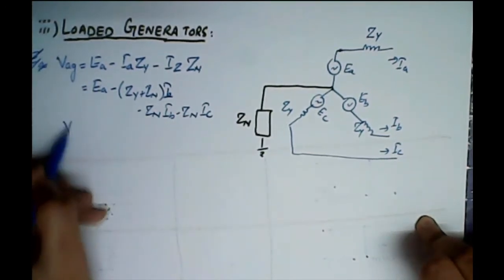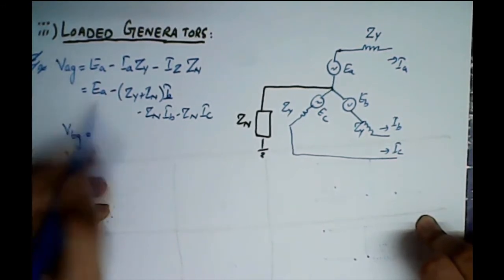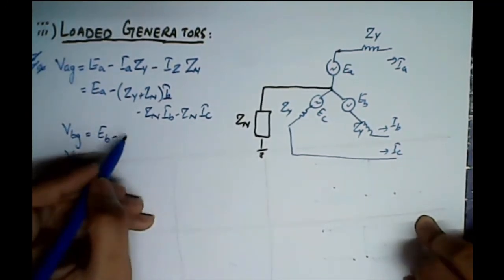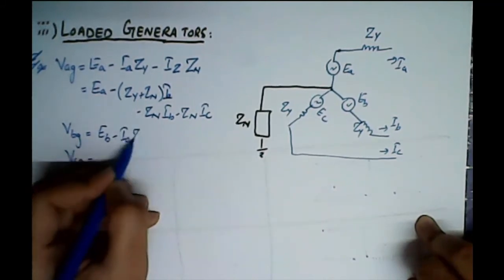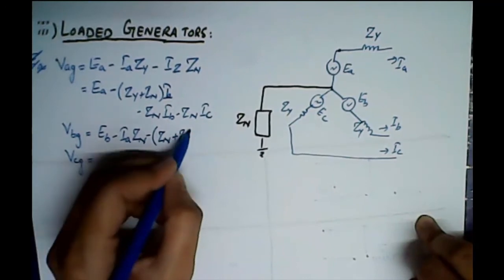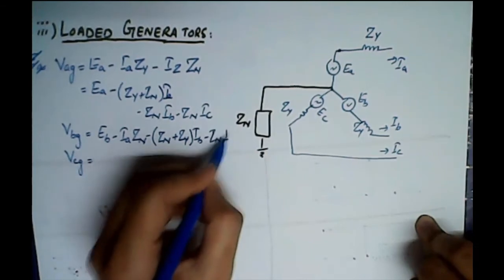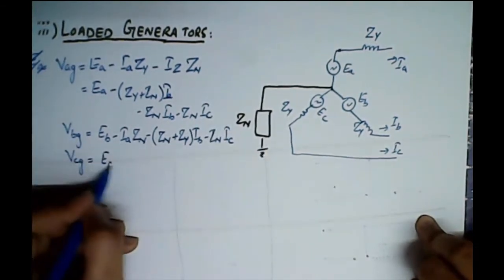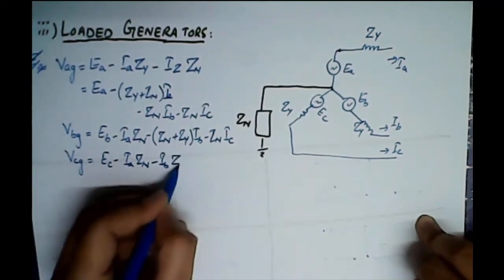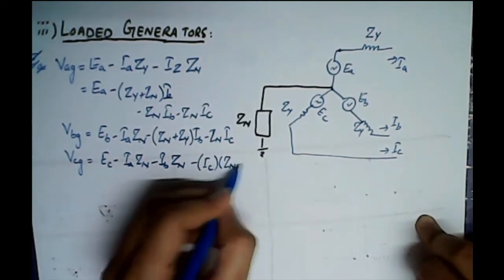Similarly, VBG and VCG can also be found. This would be EB minus IA times ZN minus (ZN plus ZY) IB minus ZN times IC, and EC minus IA ZN minus IB ZN minus IC times (ZN plus ZY).